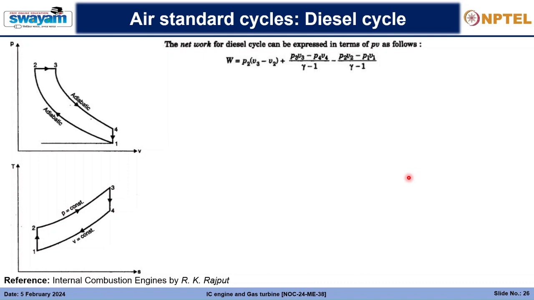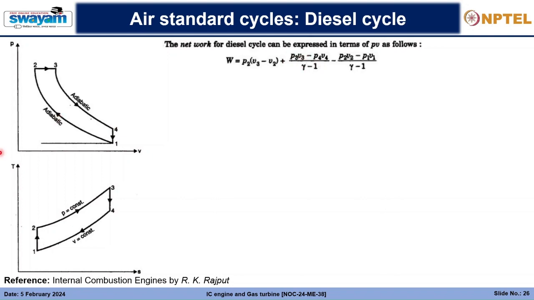Then the net work for the diesel cycle can be expressed in terms of PV as follows. This is simply adding the work done by all processes. P2 times V3 minus V2 is the work done first. Then the expansion, which has the maximum work done, is P3 V3 minus P4 V4 divided by gamma minus 1.